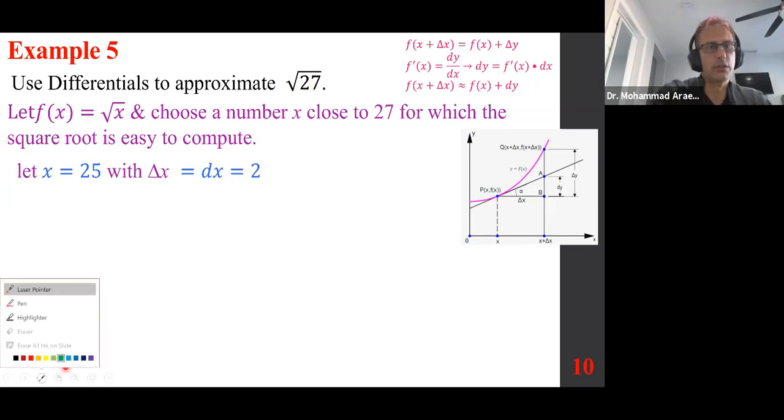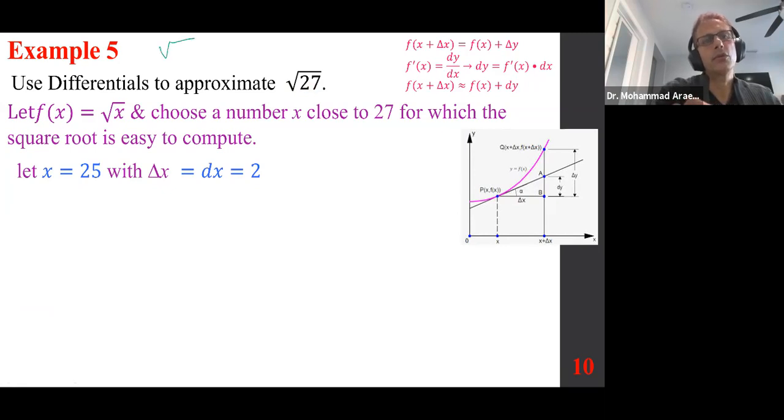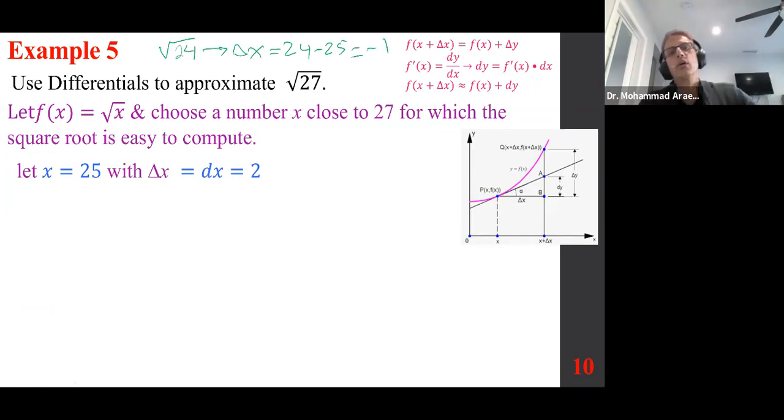If I want square root of 24, then delta x is 24 minus 25, which is negative 1, okay? Meaning, as I go from here to here, the result must be larger, because 27 is larger than 25. If I go to here, the result must be smaller, because this is negative.